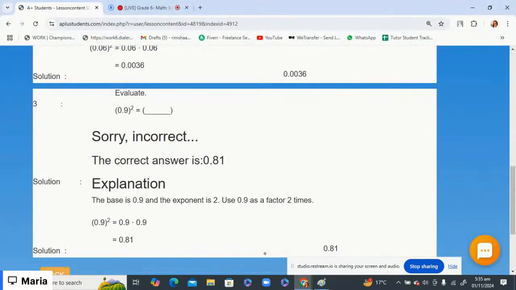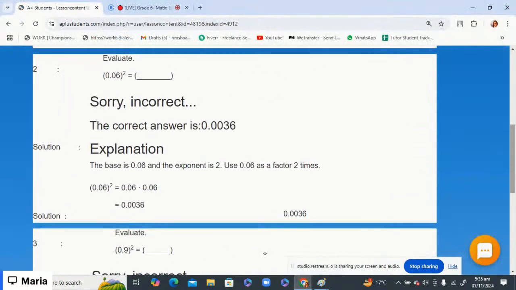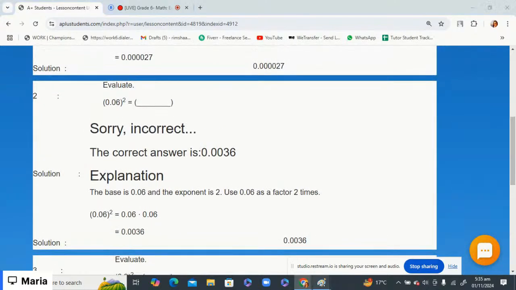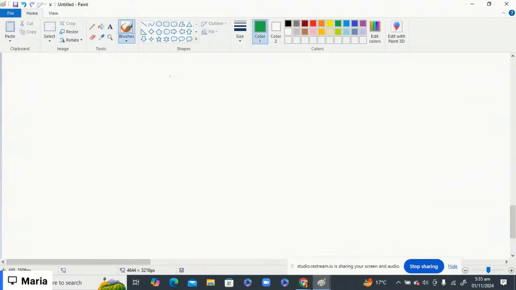Now let's take a question from the 0.06, and if the power given is 2, if you have a question this way, how can we solve it?